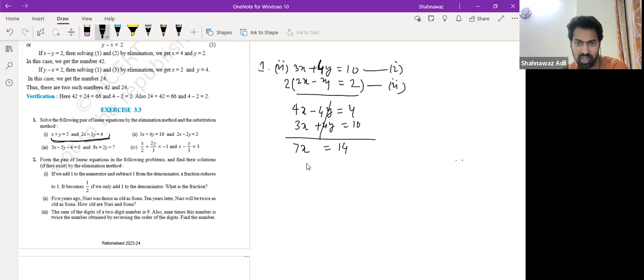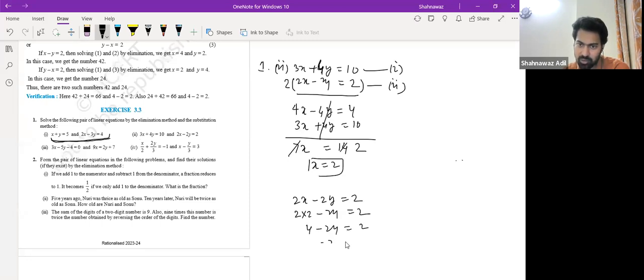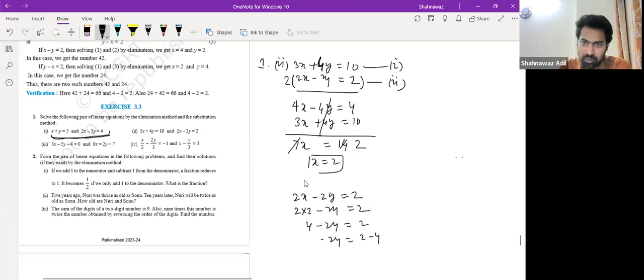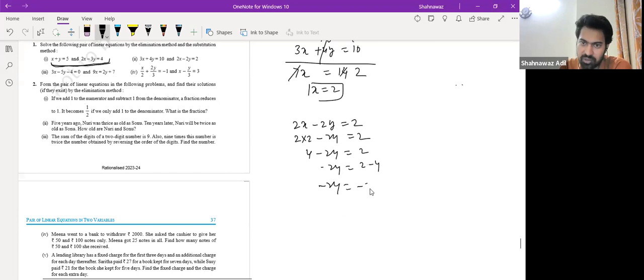If you have any doubt, you can ask. So x is 2, and 2x minus 2y is 2. So 2 into 2 minus 2y is 2. So 4 minus 2y is 2, minus 2y is 2 minus 4. So minus 2y is minus 2. So y is 1, right? Yes, sir. Okay.